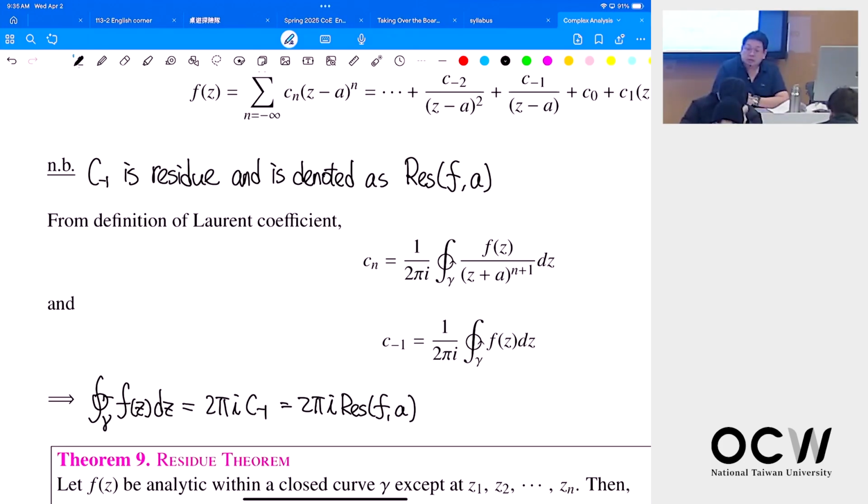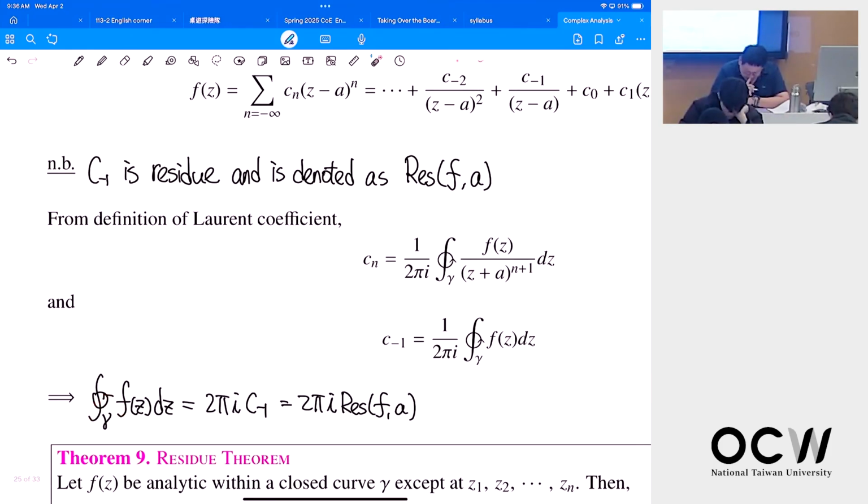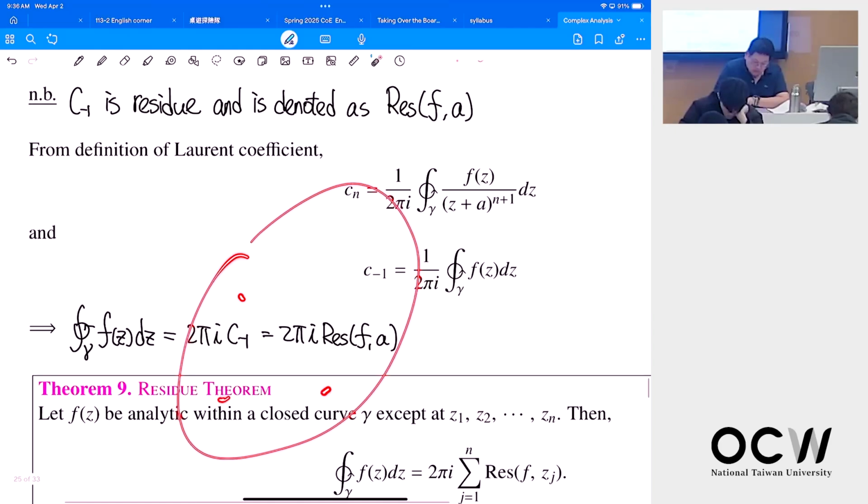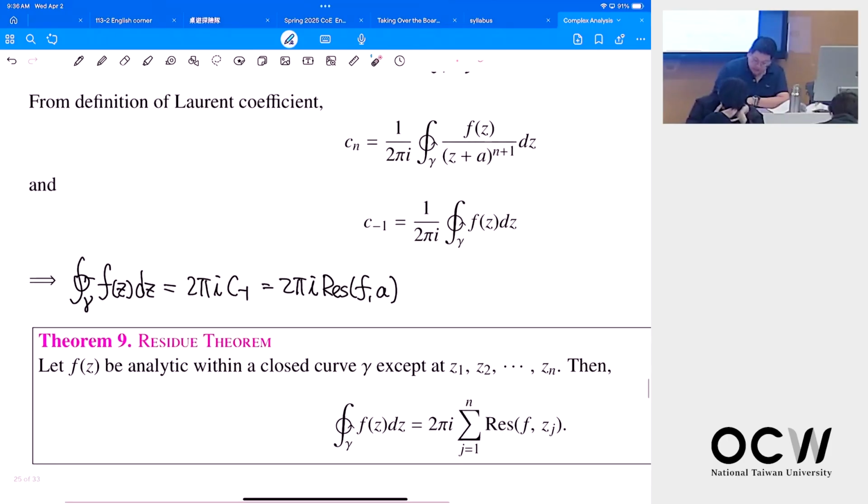Okay. So depending on your closed curve, if it includes the singular point, then my integration will be 2 pi i times the residue. If we have more than one singular point, then here is the residue theorem. I still have 2 pi i, but 2 pi i times the summation of your residues.